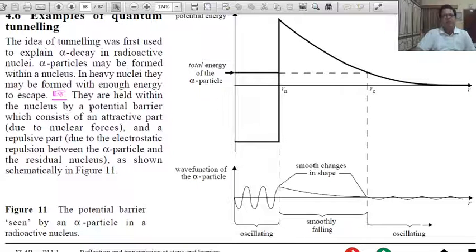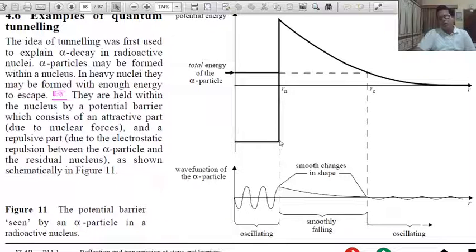They are held within the nucleus by a potential barrier which consists of an attractive part due to nuclear forces and a repulsive part due to electrostatic repulsion. There are two parts: the attractive part due to nuclear forces, and the repulsion due to electrostatic repulsion between the alpha particle and the residual nucleus, as shown in the figure.